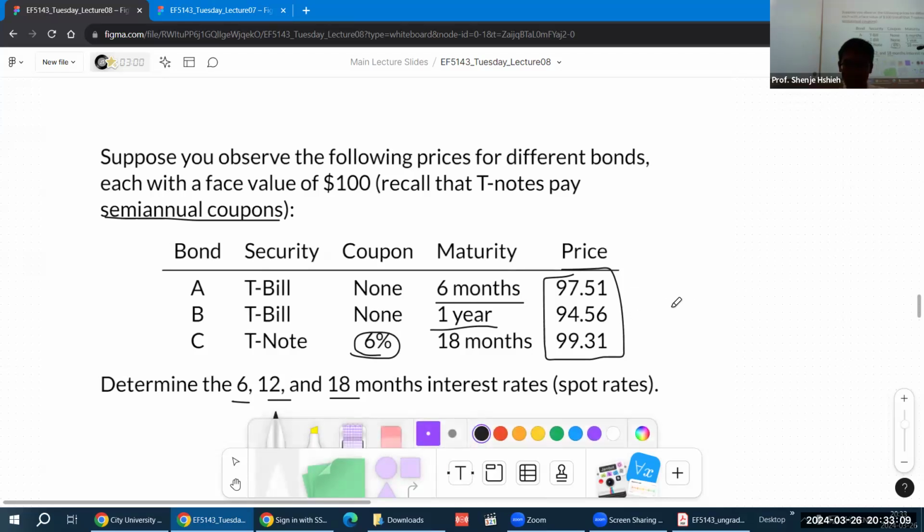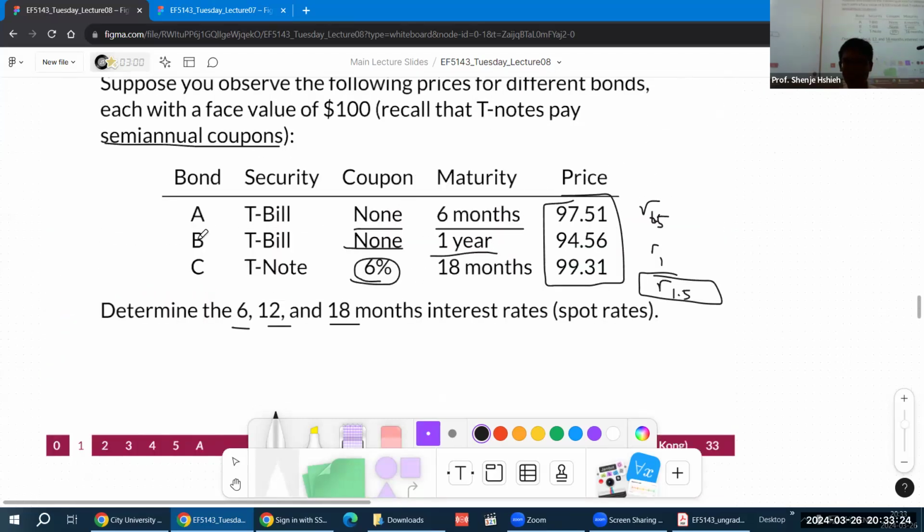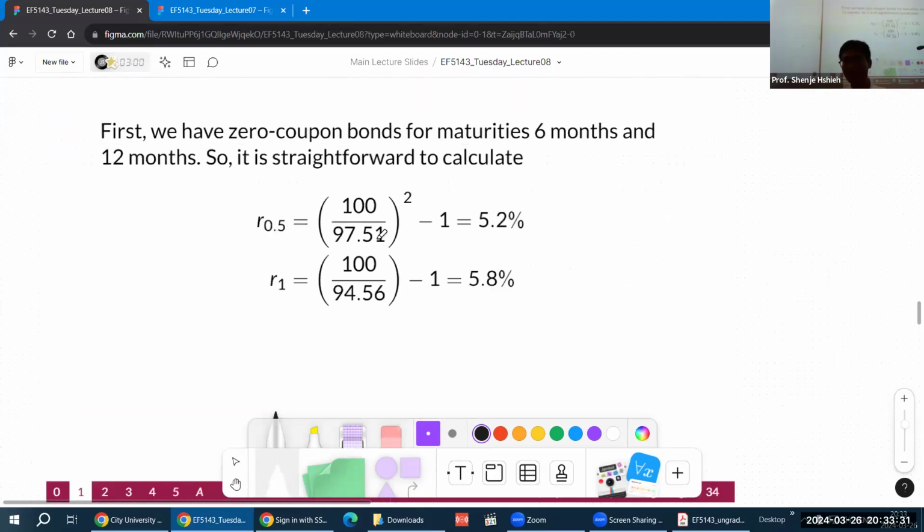So first things first, let's solve for R0.5, right? You can solve for that and also solve for R1, because these are zero coupon bonds. The hard part is solving for R1.5, right? How do you do that? That's a bit tricky. So solving for R0.5 and R1 is simple, right? Because all you're doing is taking the par divided by the price.